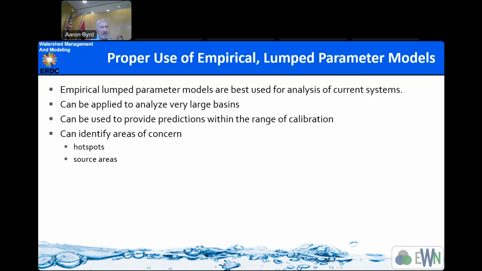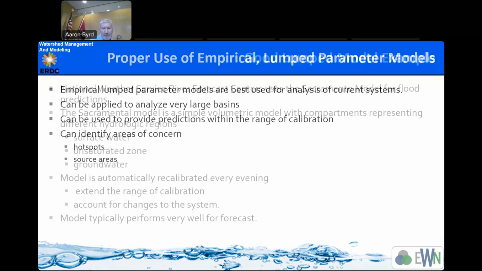So if I have a nice data set and I calibrate my model, I can be pretty comfortable doing analysis within that range. And it can identify areas of concern. I find there's something going on here, I need to dig in and get more physics based. I can always go in with a finer model and analyze that area.